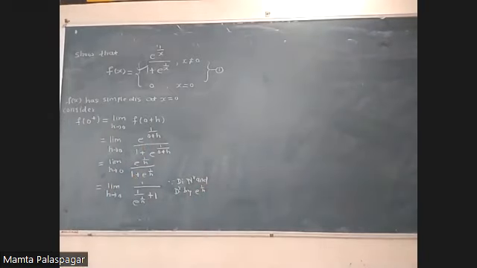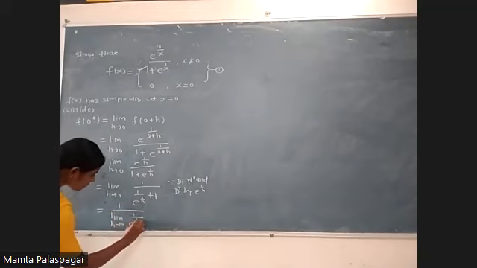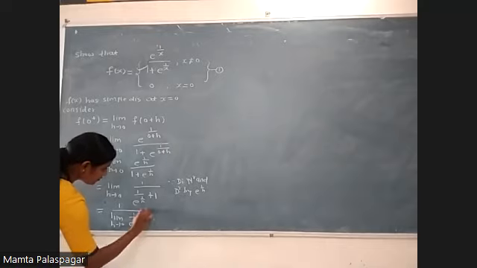Okay, so apply limits. The variable h is present in this way. So after applying this limit, we get 1 upon the limit h tending to 0 of e to the power 1 upon h plus 1.